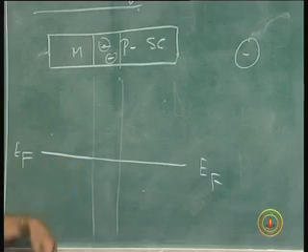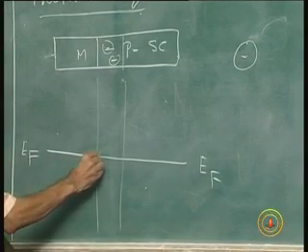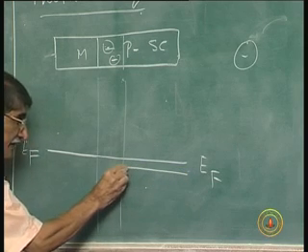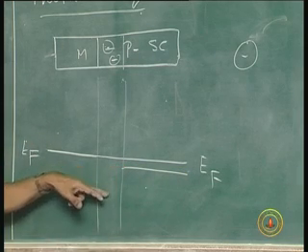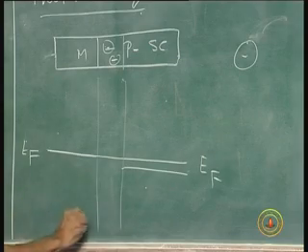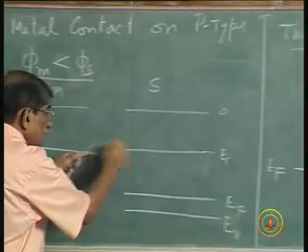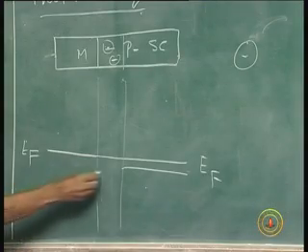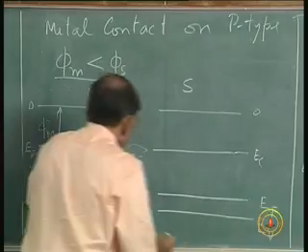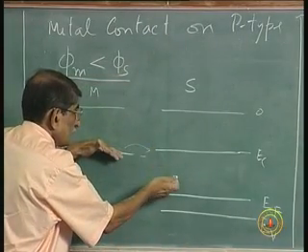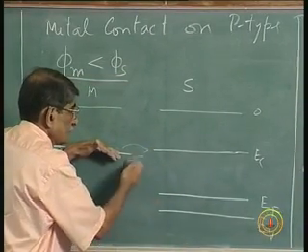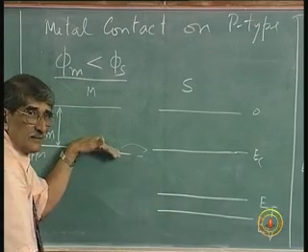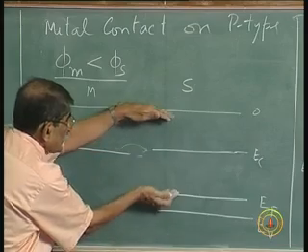Now, what is the energy band diagram you will draw? Once you draw the Fermi level, it is very easy. This portion is flat, and that is the valence band, coming flat like this. And this is negatively charged, which means there is an electric field from left to right, since electrons have moved over there. Electrons have been transferred onto that, so the entire energy level has gone up till the Fermi level matches.